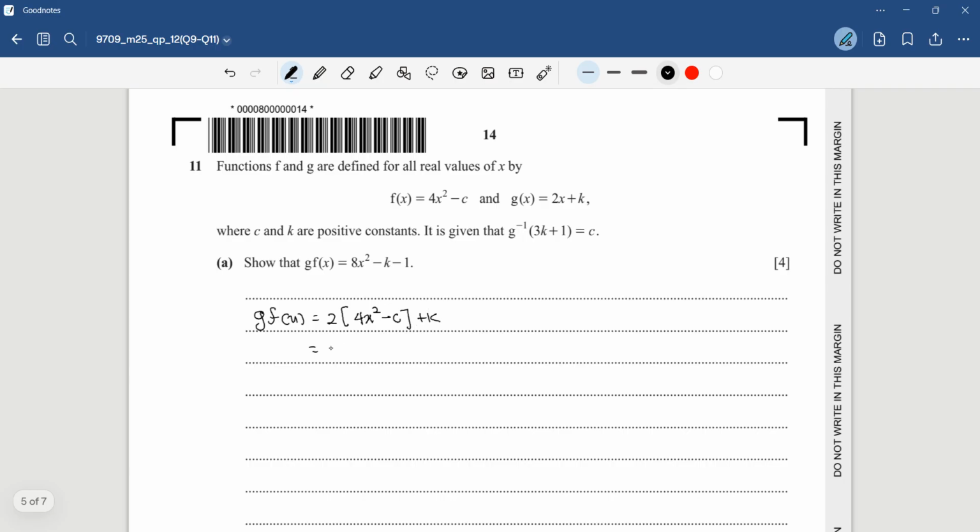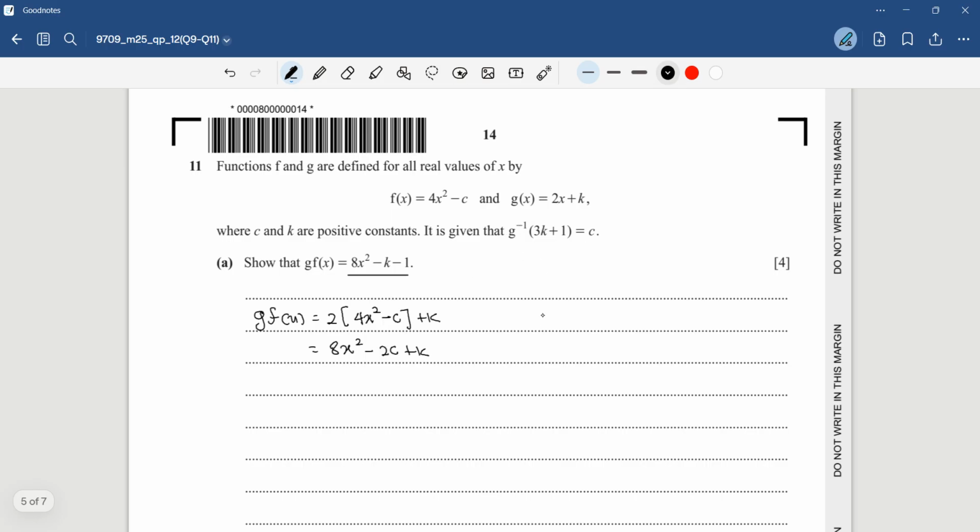So it's going to be 8x squared minus 2c plus k. And if you notice here, the question does not have anything in terms of c. So we need to replace the c here. So we can utilize from here.